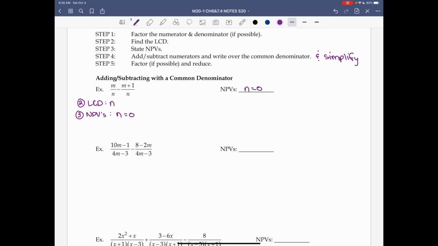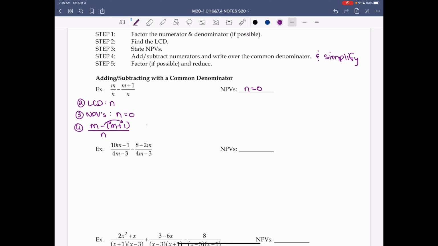Step 4, add, subtract numerators, write over common denominator, and simplify. So m minus bracket m plus 1 over n. We need the brackets around the m plus 1 because that negative has to apply to both m and 1. We want to simplify, multiply the negative into the brackets.